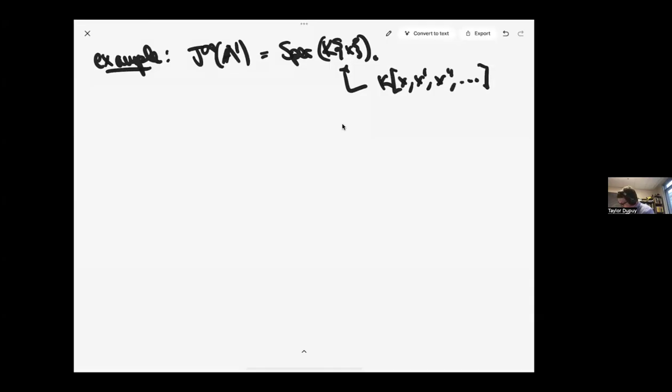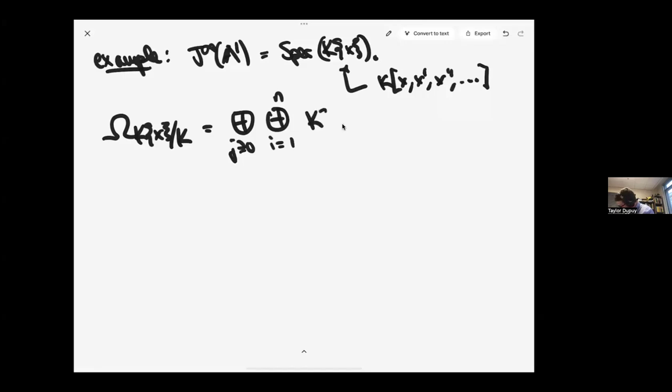We can look at omega of this thing over K. And what this looks like is a big direct sum, where you have your original ring here, and then you take d of all the indeterminates.